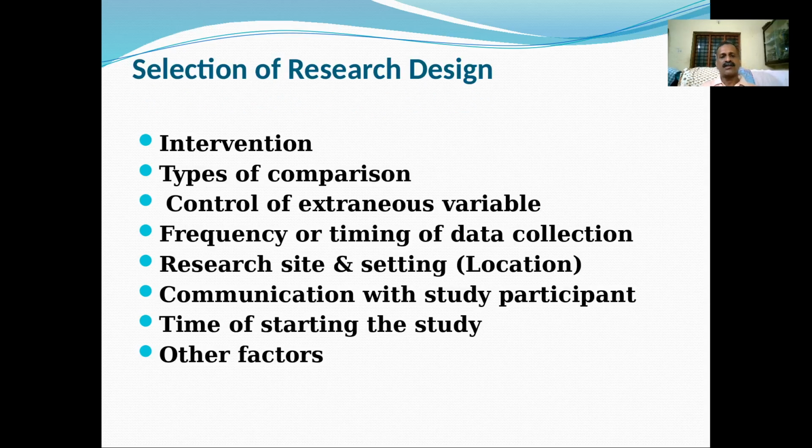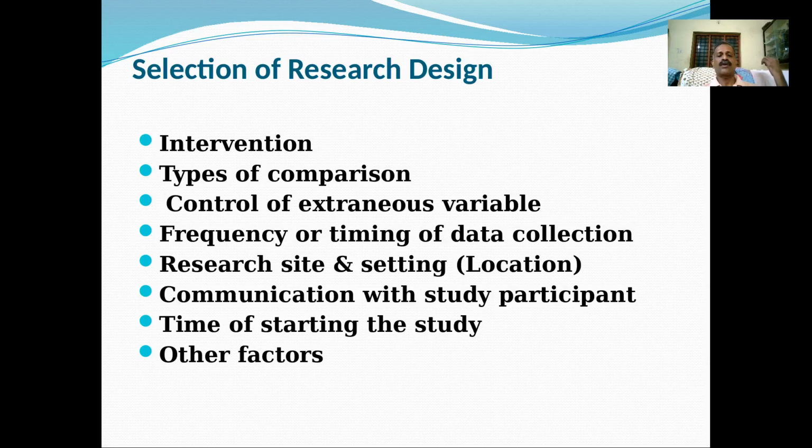Now the third aspect of selecting a design is control of extraneous variables. I have mentioned that we control the study variables. At the same time, how exactly or strictly we can control the extraneous variables, the external variables that may affect our study? We are not measuring them, but they may influence our variables.